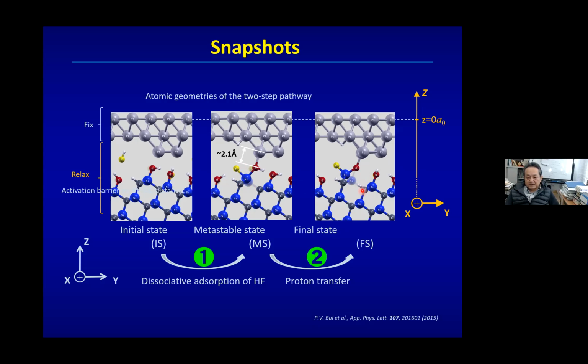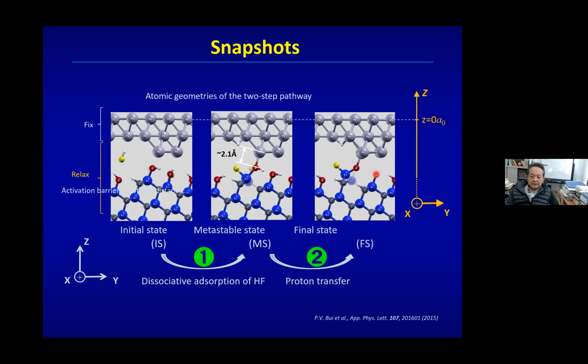This carbon was terminated by hydrogen, and silicon becomes four-fold coordination. Four-fold coordination is the best coordination for silicon. And the back bond was broken, and this is the simulated result of the HF etching mechanism.